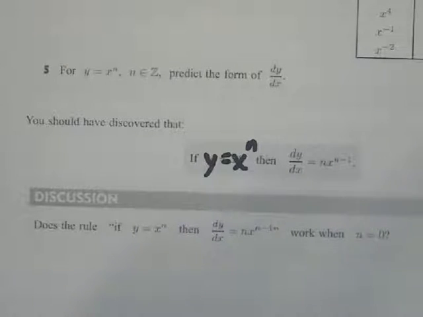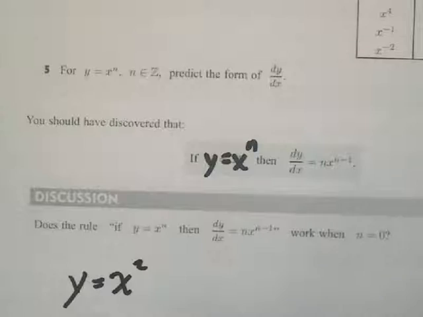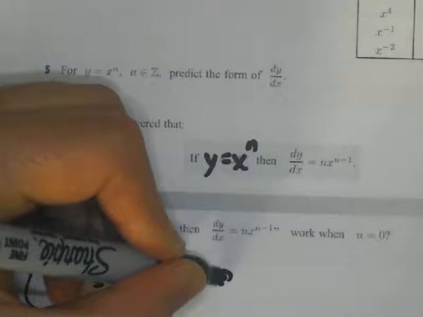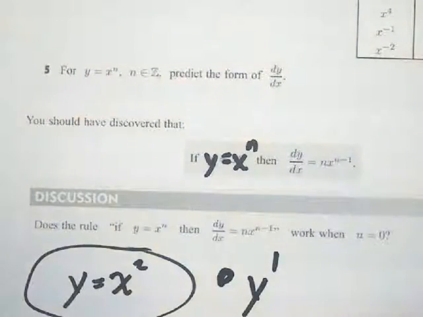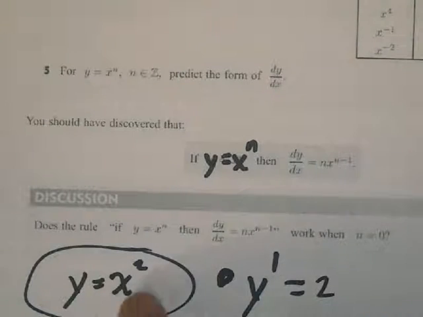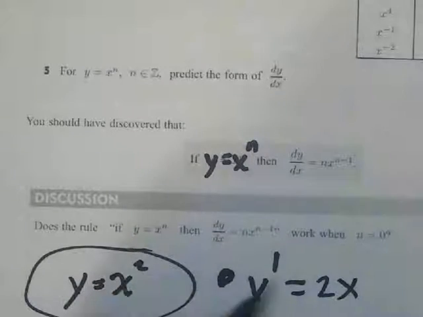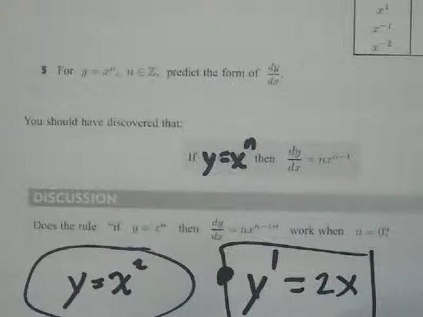So let's look at the previous example where we had y equals x squared. If I wanted to find the derivative, maybe we call that y prime, if the power comes to the front, we end up with 2. And if this power decreases by 1, we end up with x. So the derivative of y equals x squared is 2x.